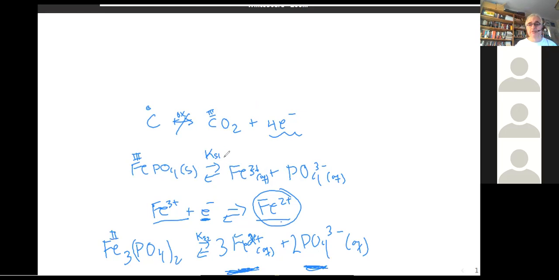One could perhaps set up and balance a formula with carbon, iron 3 phosphate, and iron 2 phosphate. I'm not sure that reliable thermodynamic data are available for these two compounds.